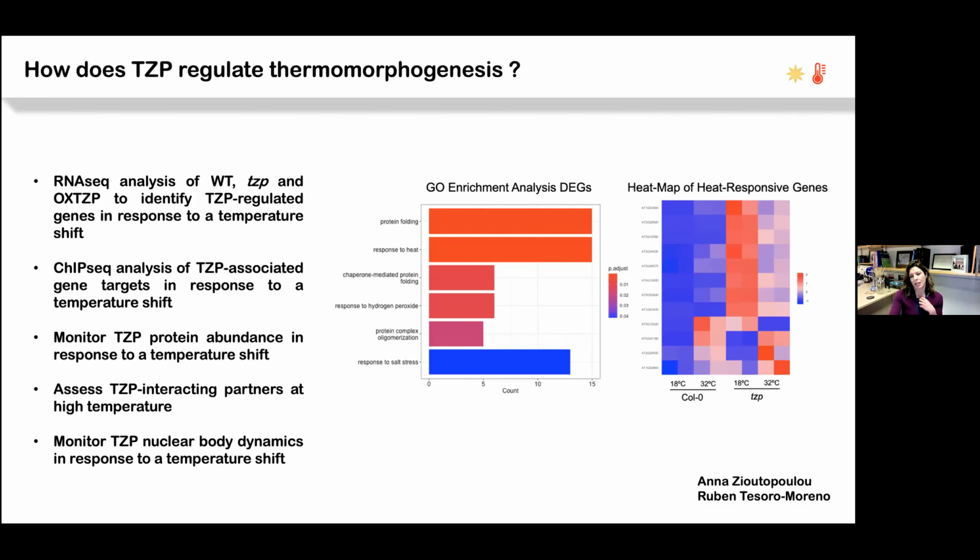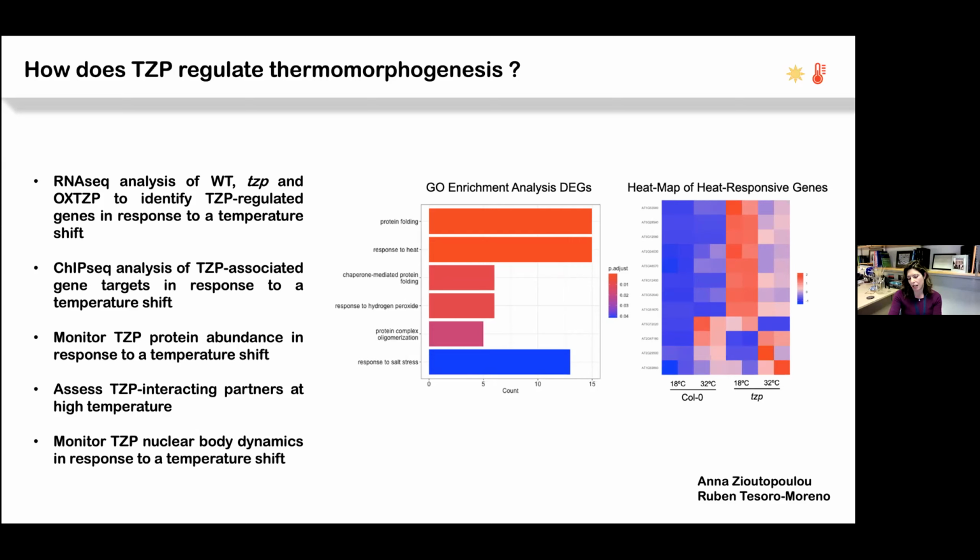And preliminary data from our RNA-seq analysis between Col-0 and TZP suggests that there is an enrichment of heat responsive genes that seems to be already on in the TZP knockout in the absence of heat stimulus.